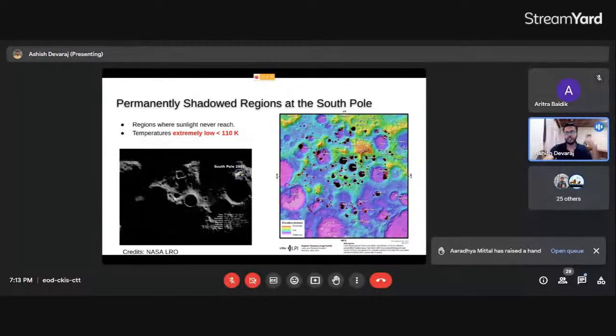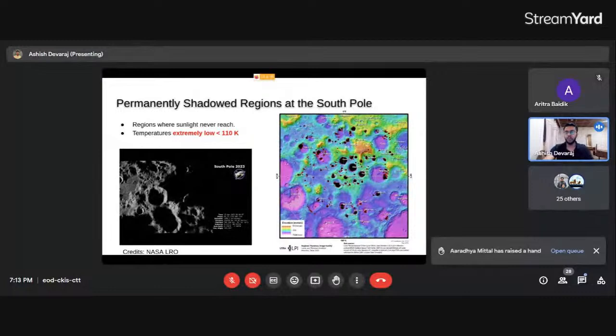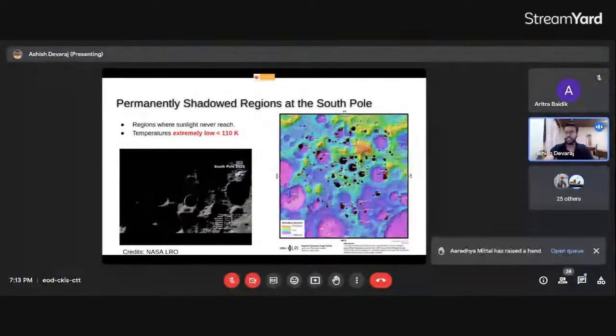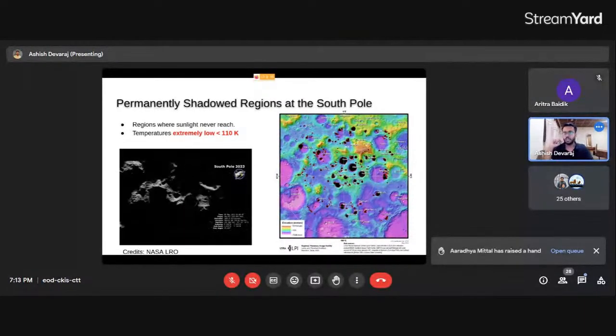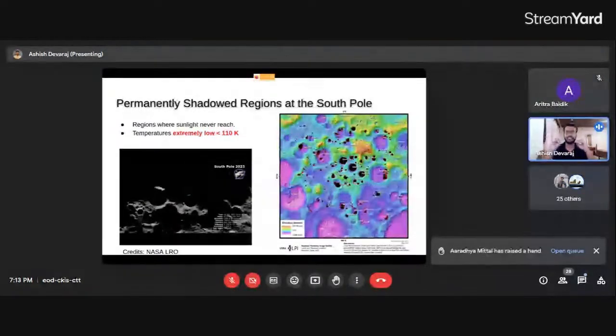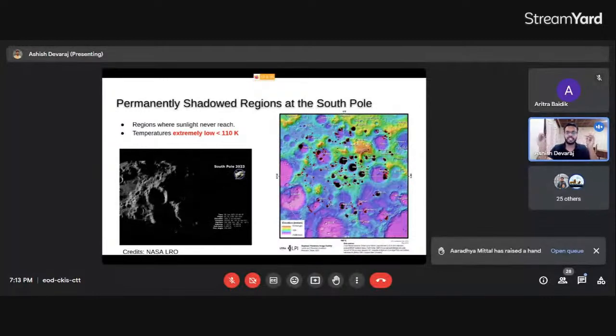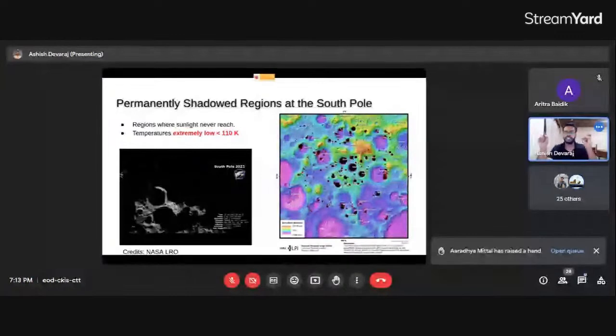The right side figure shows a static figure of part of the south pole. The black regions marked here are the permanently shadowed regions identified at the south pole of the moon. These are the temperatures at the south pole. The permanently shadowed regions are extremely cold, less than 110 Kelvin, which translates to around minus 170 degrees Celsius.